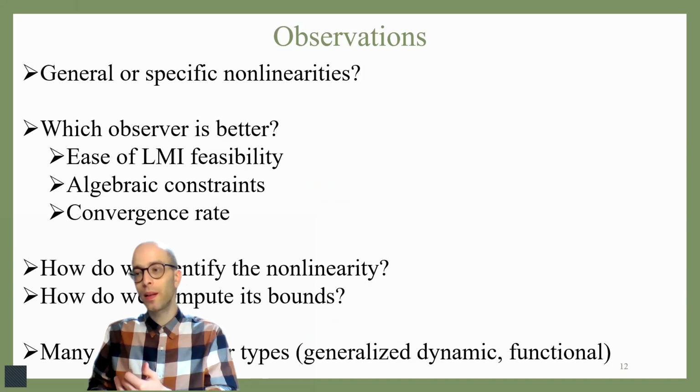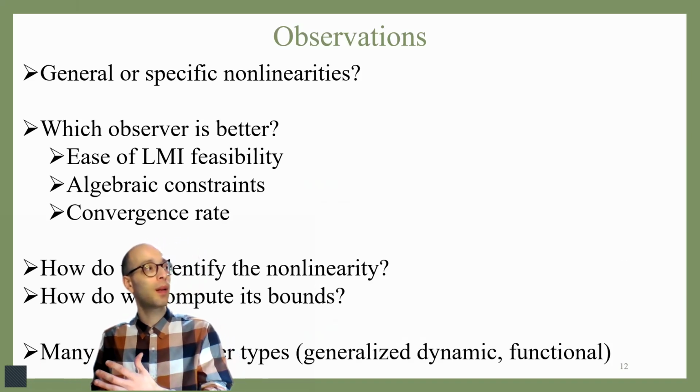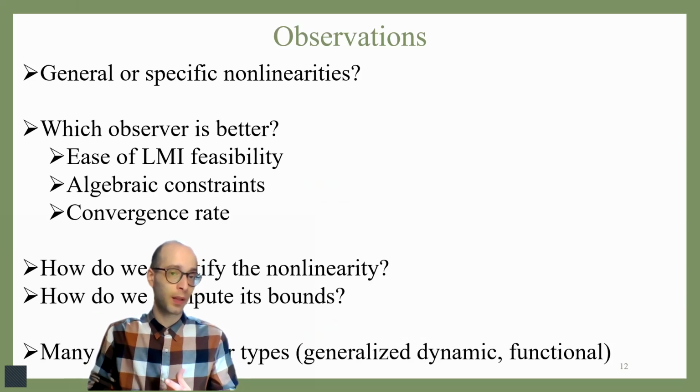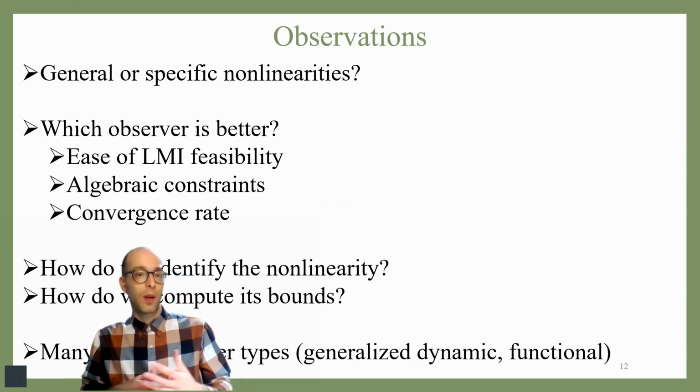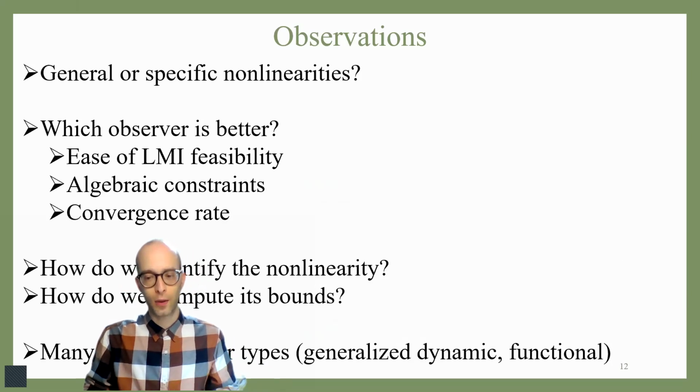But the strict feasibility may lead to a much better observer, meaning that it may have a much better convergence rate. Okay. So the LMI feasibility and the convergence rate may actually be counteracting one another. Okay. So there may be conditions that are actually difficult to achieve at the same time.